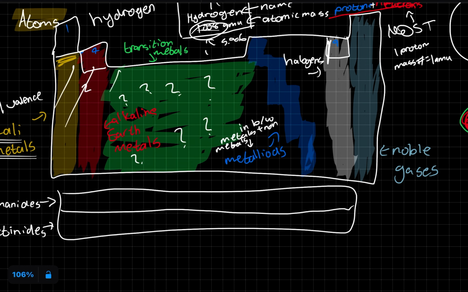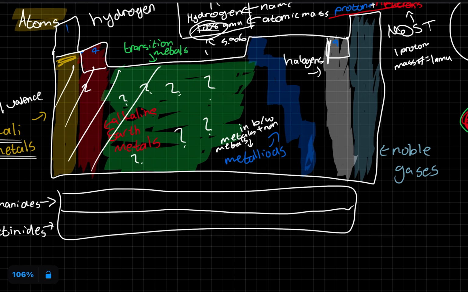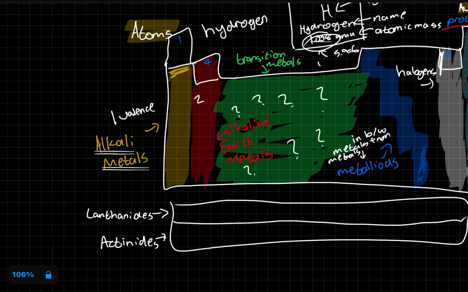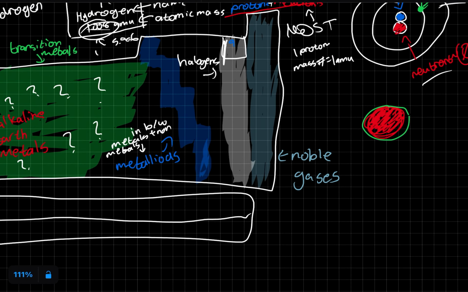Over here, this entire area to the left of them are metals, not including hydrogen. Hydrogen is a non-metal. It is very important that you know hydrogen is a non-metal. Just because it's over here doesn't mean it's a metal. It's the only exception to this rule. Hydrogen is a non-metal.